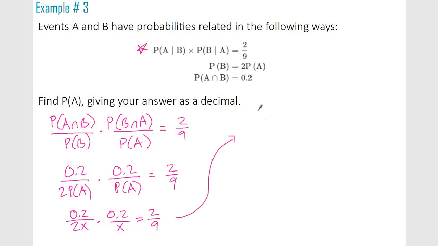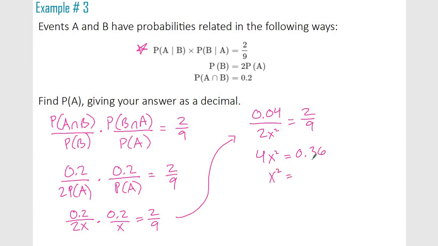Okay, so we'll keep on going. So we'll have 0.2 times 0.2, which is just 0.04, over 2x squared equals 2/9. All right, we can cross multiply. We get 4x squared equals 0.36.